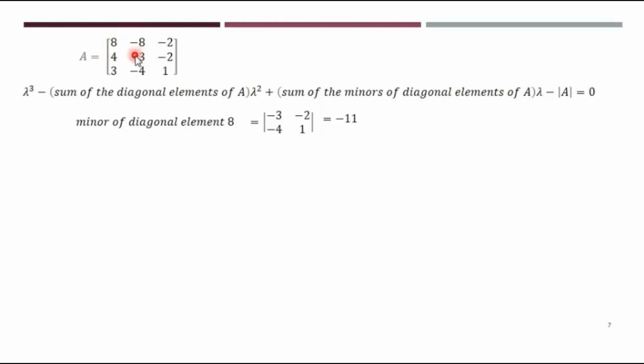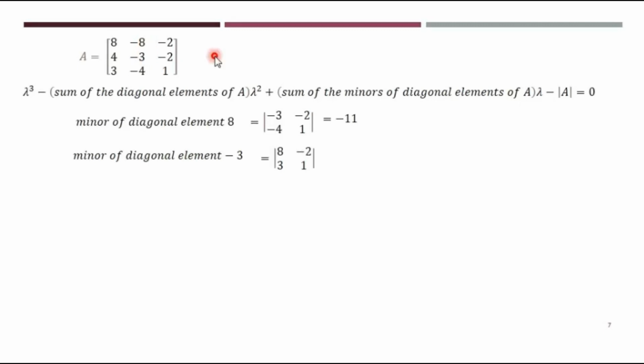Now we have to calculate the minor of the second diagonal element, which is -3. -3 is there in the second row and second column.